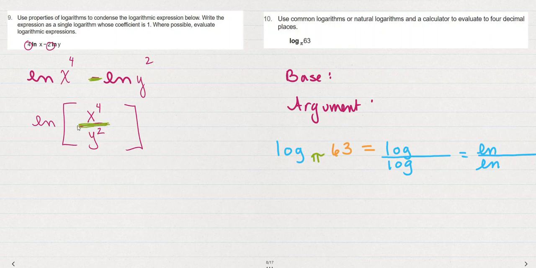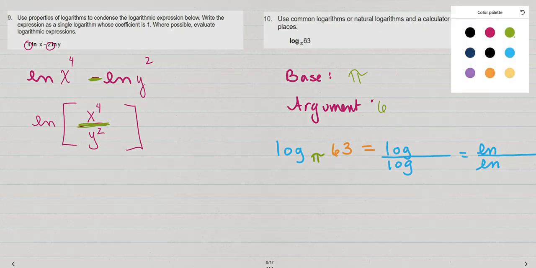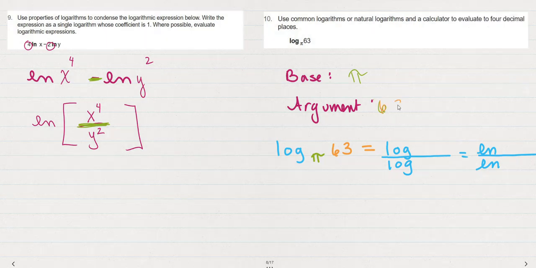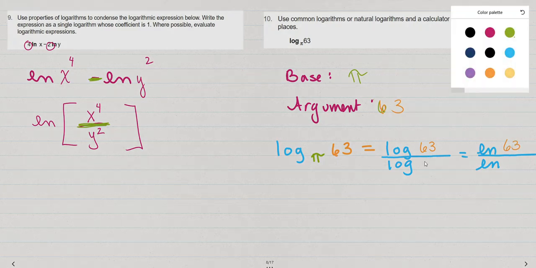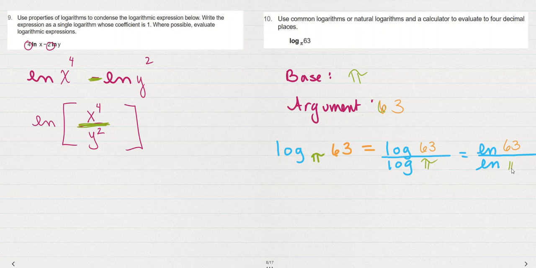Now using common logs, the base is pi and the argument is 63. Then I could write this as log of 63 divided by log of pi, or natural log of 63 divided by the natural log of pi.